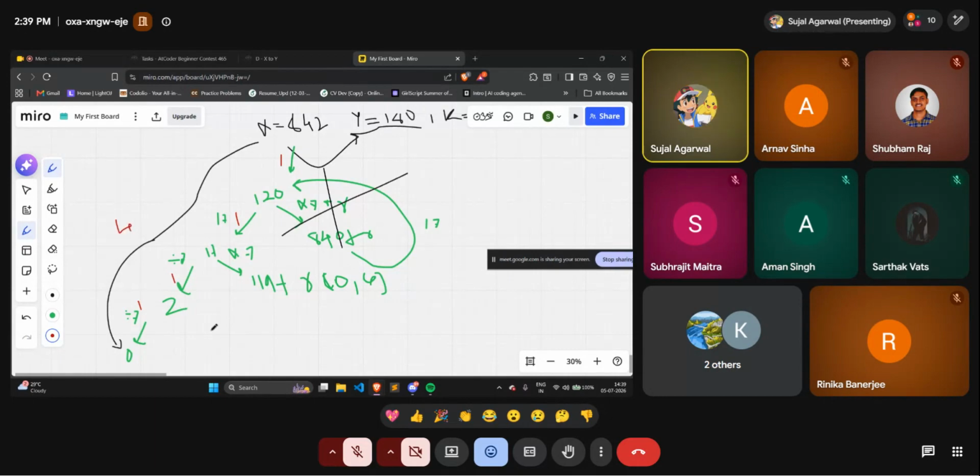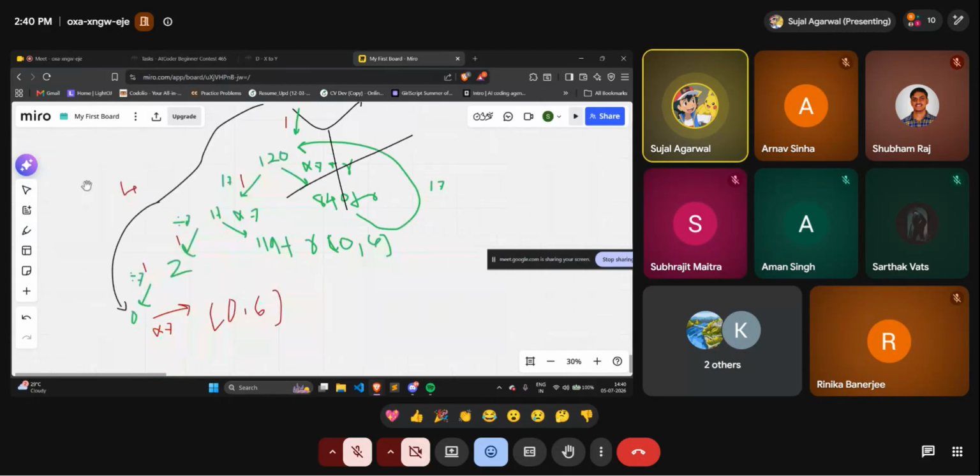If we convert a 0 to something like multiplied by 7 plus remainder, the range would be from 0 to 6. This 0 can be converted with multiplication to a range of 0 to 6. 0 into 7 would give me a 0, and then we add the remainder. So the range over here would be 0 to 6.